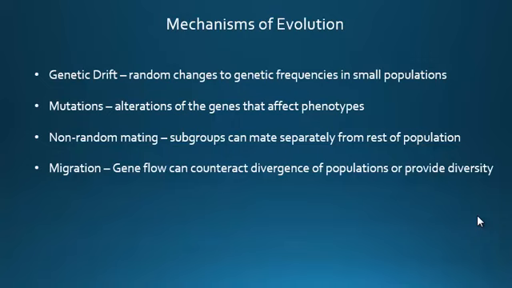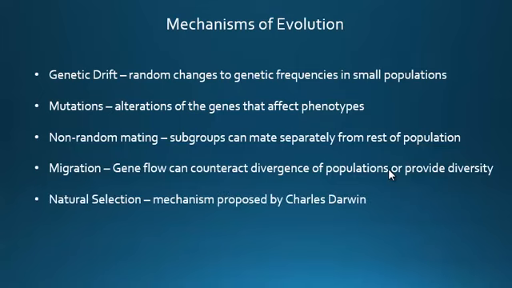Gene flow, which is migration, can counteract this divergence between populations and actually keep separate populations more alike, preventing speciation. Alternatively, gene flow that occurs very rarely can actually introduce new alleles, or new versions of genes, into populations, which can provide increased diversity to that population and allow that population to change.